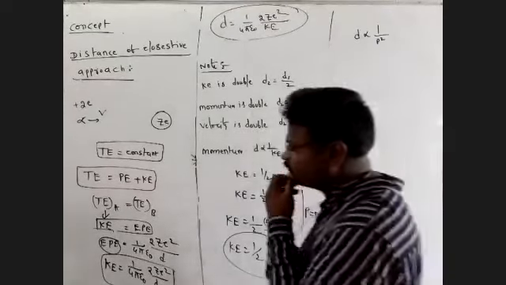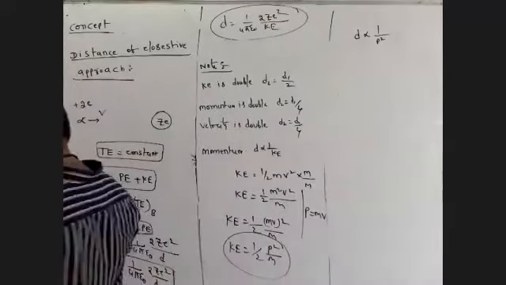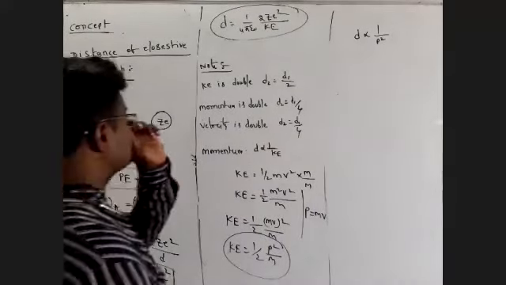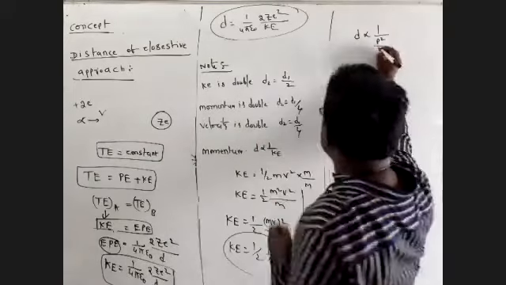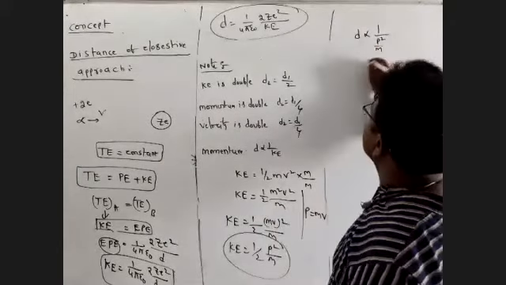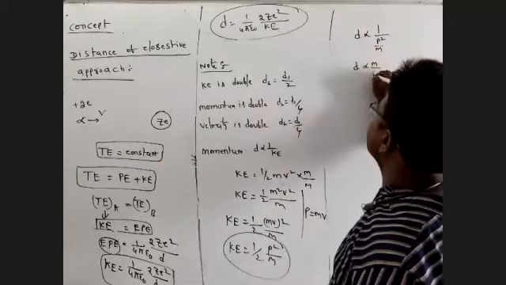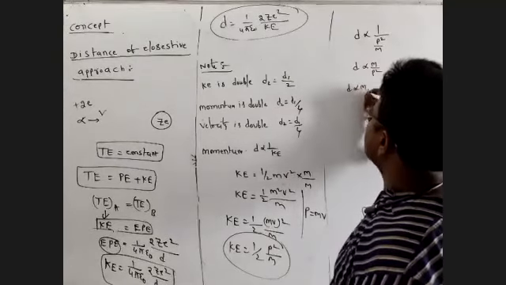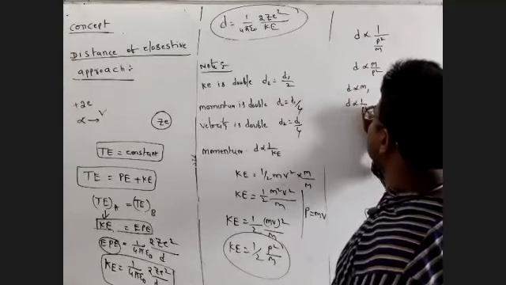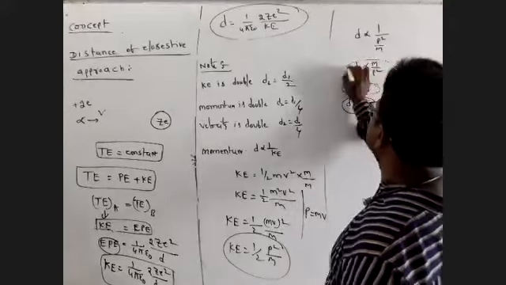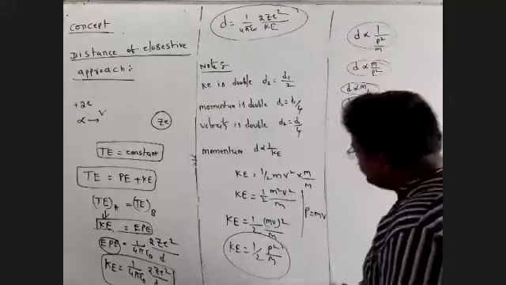So D is directly proportional to m, and D is inversely proportional to 1 by P square. This is a formula, keep it in mind.